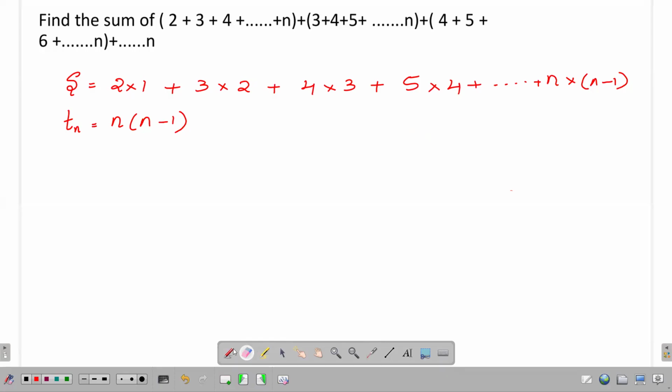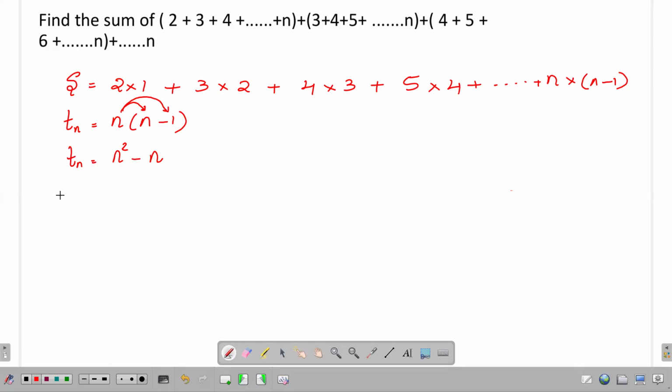Okay, I can just do one more step here if you want for handling the situation in an effective way. I can see that this nth term can be written as n into n minus 1, which is n square minus n. Okay, this actually helps us to simplify it in an effective way. That's why, the nth term is n square minus n.